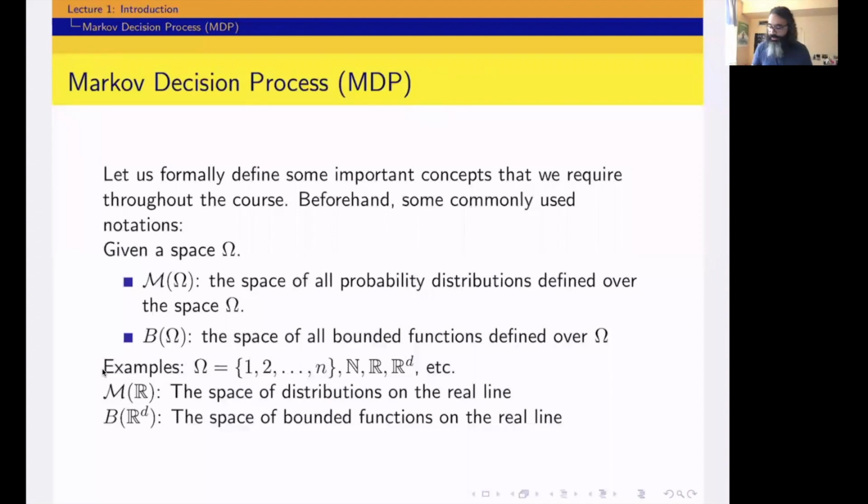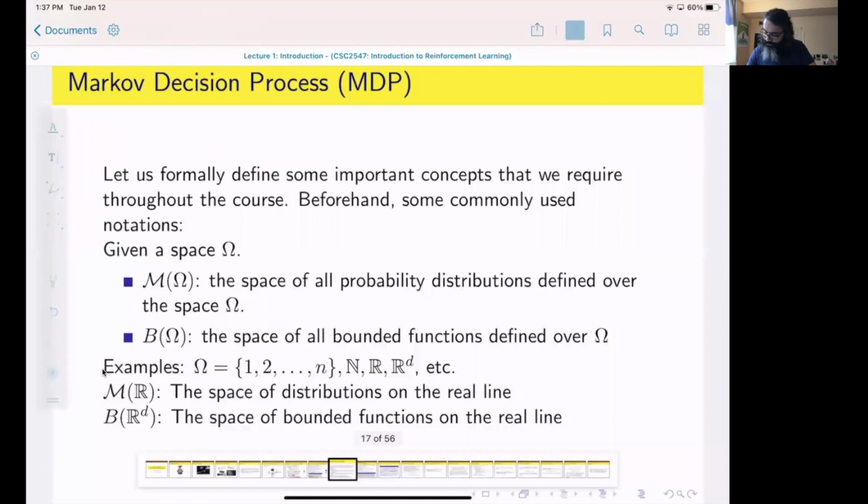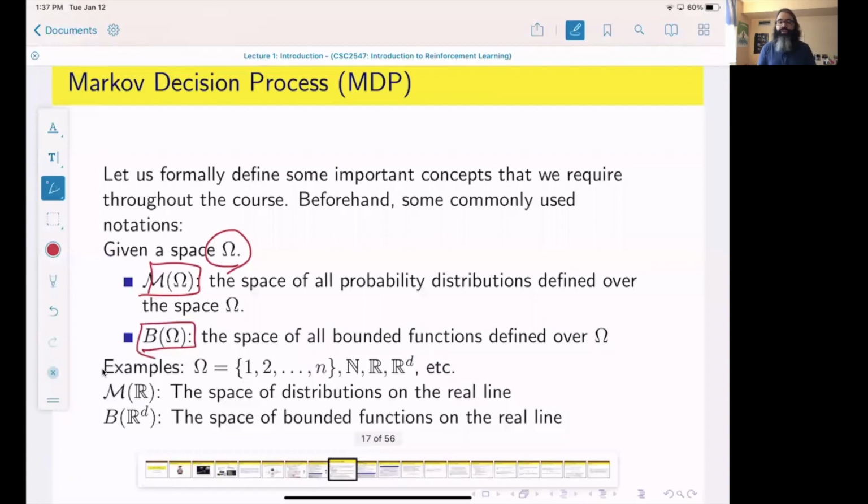Okay, so some notation I'm going to introduce, and I'll use it regularly. For some given space omega, I use M of omega to denote the space of all probability distributions that can be defined on that space. And I use B of omega as the space of all bounded functions defined on omega.